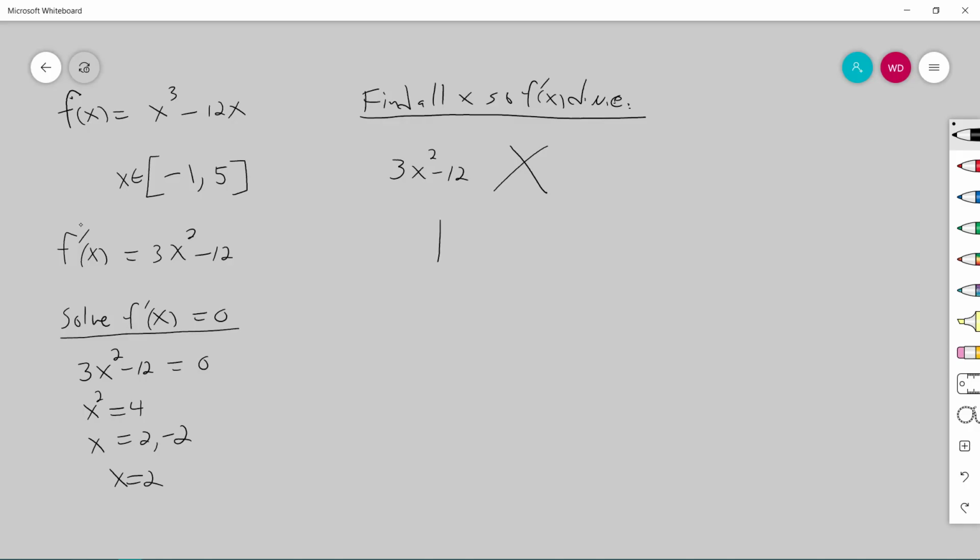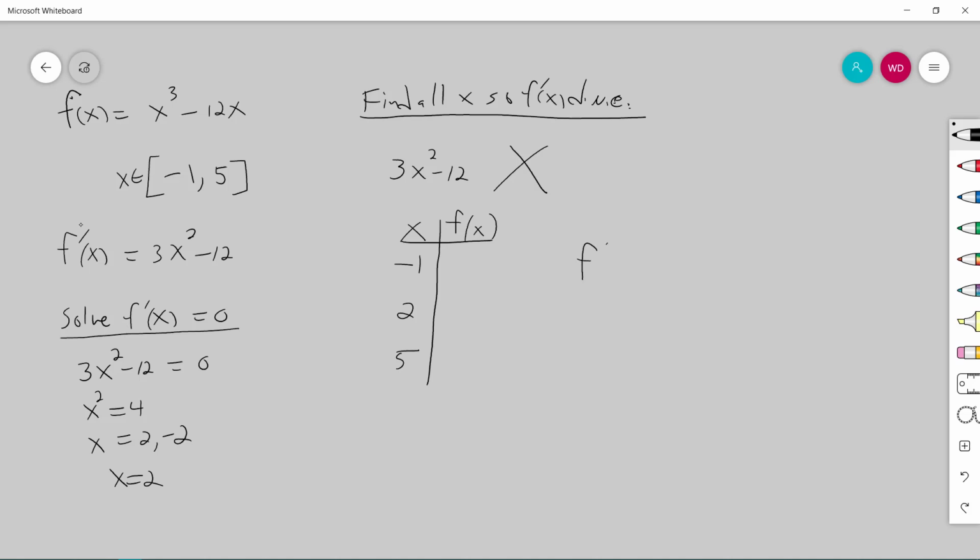The next step is we now know from what I did that the absolute extrema must occur at the endpoints or at the critical numbers. So all we have to do is evaluate this function at these x values to find out what the corresponding values would be.